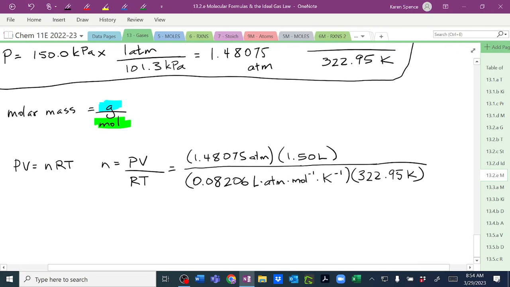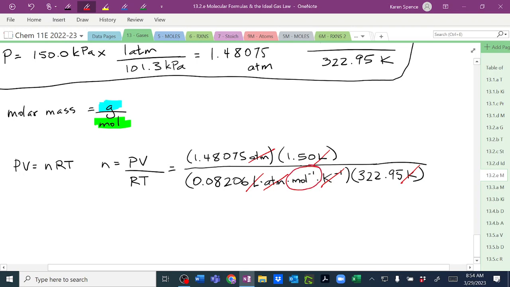Let's see if our units actually do cancel. Atmospheres on the top cancel with atmospheres on the bottom. Liters on the top cancel with liters on the bottom. Kelvin cancels with Kelvin to the -1. And the only thing we're left with is moles to the -1 in the denominator.